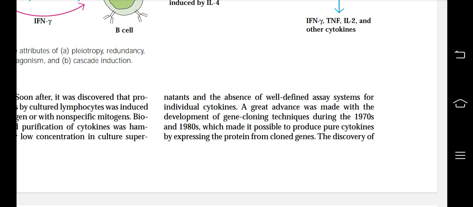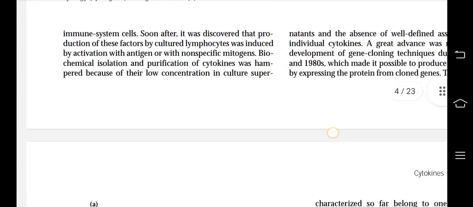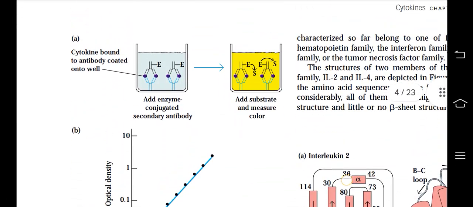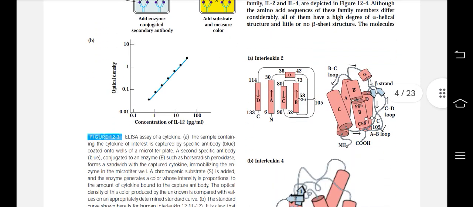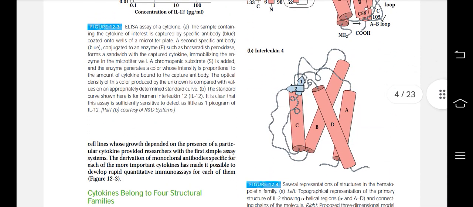Great advance was made with the development of gene cloning techniques during the 1970s and 1980s, which made it possible to produce pure cytokines by expressing the protein from cloned genes. So the discovery of cell lines whose growth depended on the presence of a particular cytokine provided researchers with the first simple assay systems.